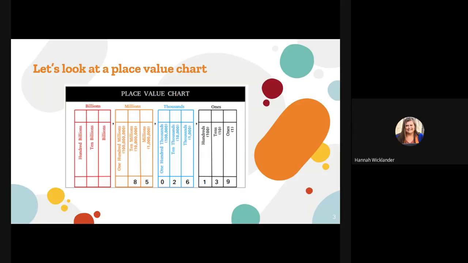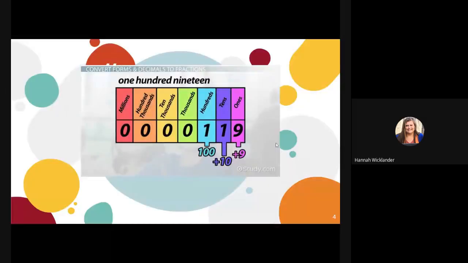Within each space, there's the ones, tens, and hundreds, which compose the ones, the thousands, 10,000s, and 100,000s for the thousands, millions, 10 millions, and 100 millions. And for the billions, there's billions, 10 billions, and 100 billions. So this is a place value chart. We're going to be using it today.